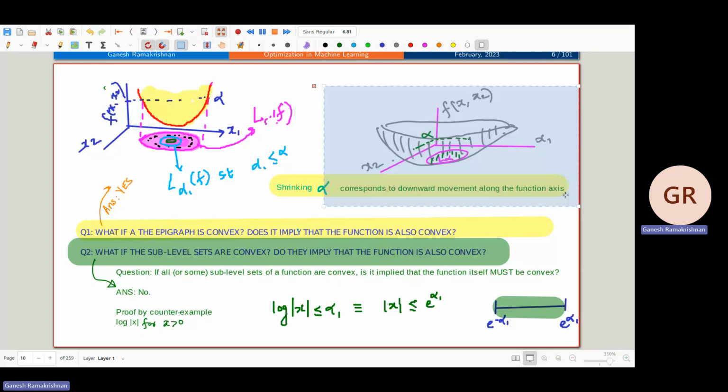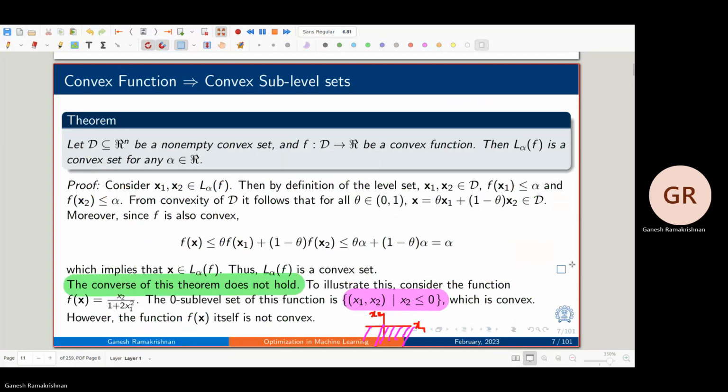Let's take a more appealing example. This seems very contrived, but the example we took was the Gaussian. So that the converse doesn't hold is very easy to show. I'm not proving it on the board, but the converse does not hold.